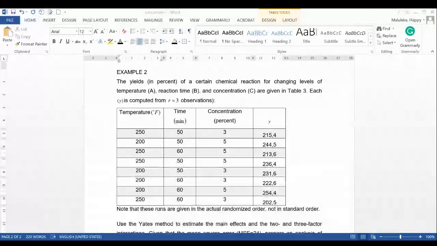For those who attended my class last week, I gave several examples concerning the levels of each factor. If you attended my class, you must be able to know what is happening there. Two levels each. Okay.